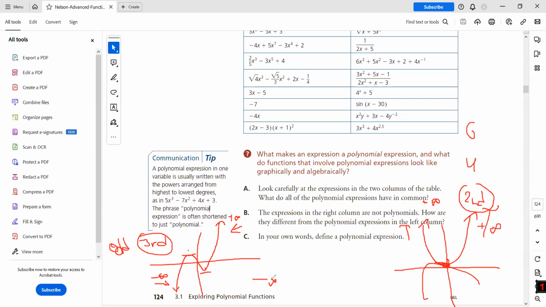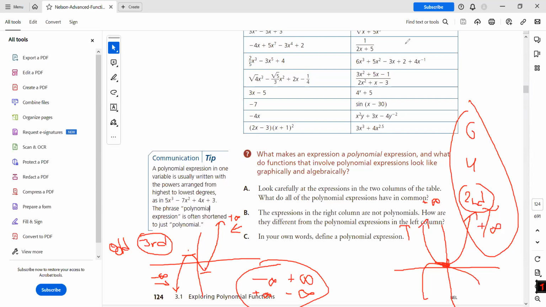If the left-hand side is negative infinity, the right-hand side is going to be positive infinity. If the left-hand side is positive infinity, the right-hand side is going to be negative infinity. Okay? This is one of the conclusions. Odd degree polynomials have opposite end behavior, and even degree polynomials have the same end behavior for both ends of their function, whether it's going to be plus infinity or negative infinity.